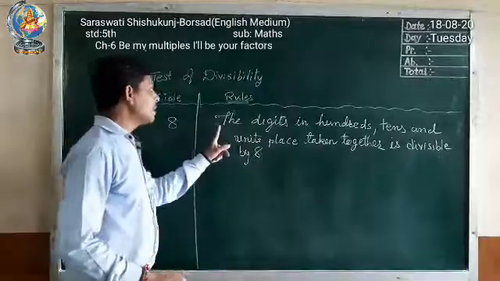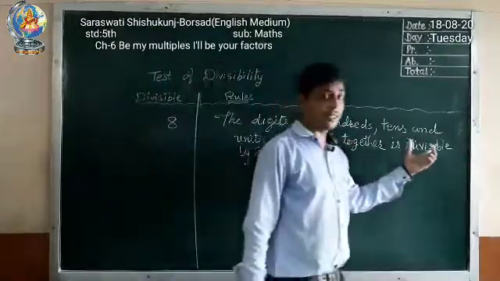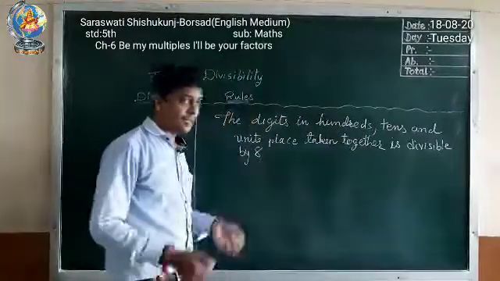Once again I am reading: the digits in the hundreds, tens and unit place taken together is divisible by 8.